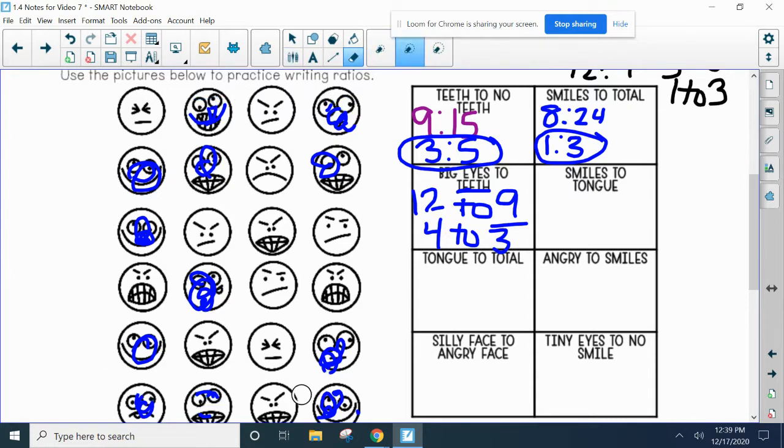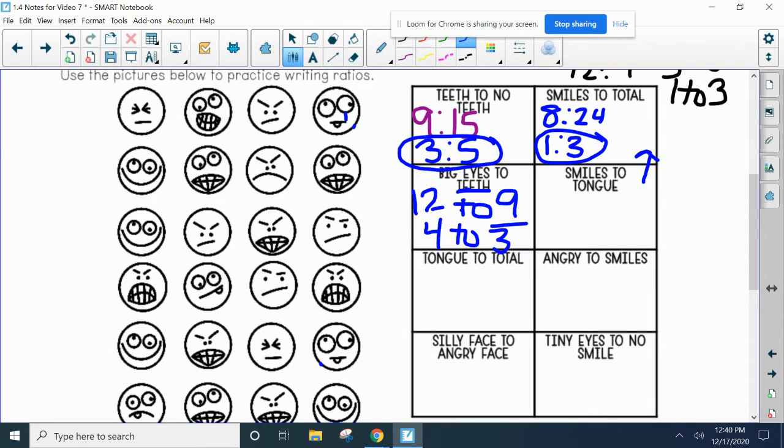So in my next one, we have smiles to tongue. All right. So smiles to tongue. Well, we already counted 8 smiles up above. So 8 smiles to, let's see how many tongues we have. 1, 2, 3, 4.